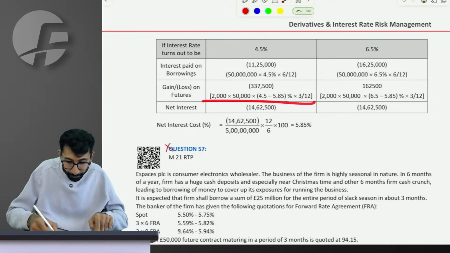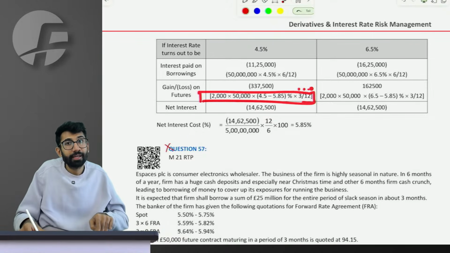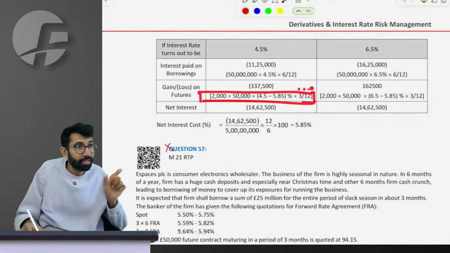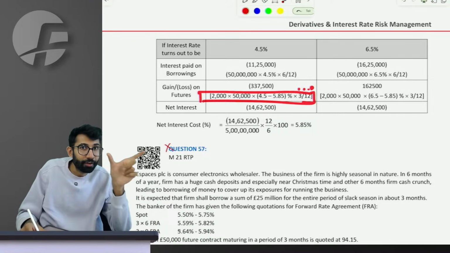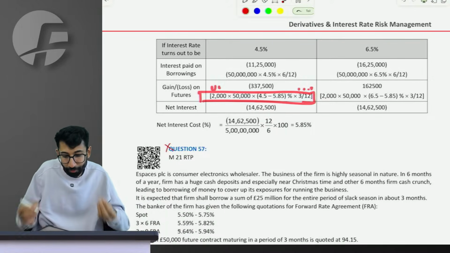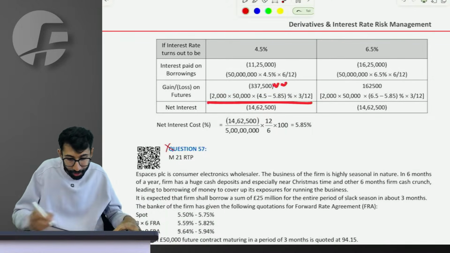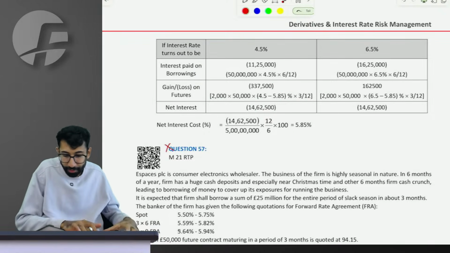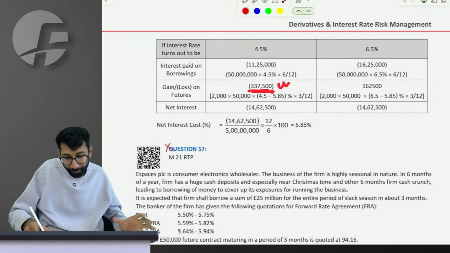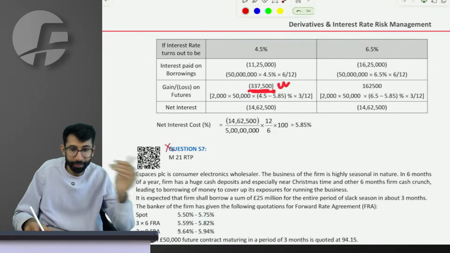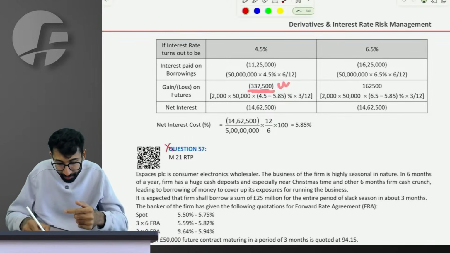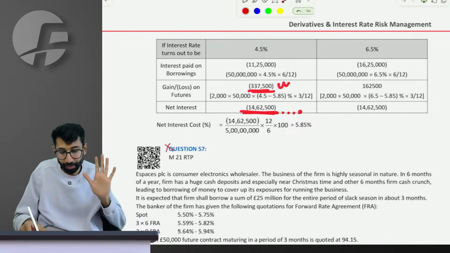So if you hedge using a 3-month contract for a period of 6 months, you double the number of contracts, and the amount of loss in the derivative will be 337,500. In the spot I pay 11.25, in the derivative I pay 337,500, overall I pay 1,462,500.